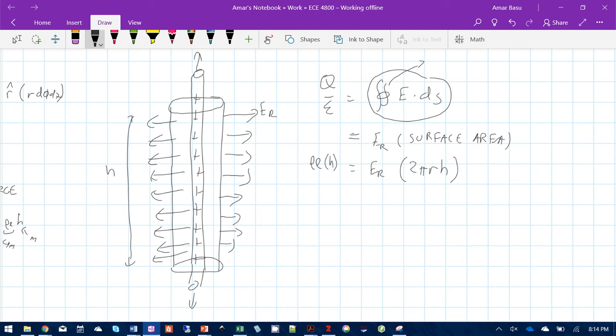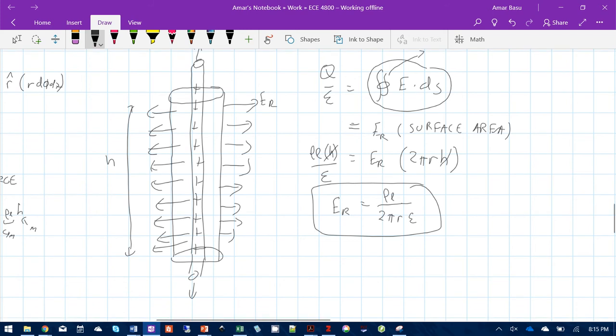It's just the charge density times the length of the wire. So that's why we get rho L times h divided by epsilon here. The h's cancel, and then you get E sub r equals rho L over 2 pi r epsilon. So that was for an infinitely long line.